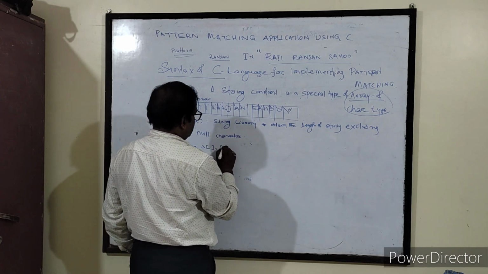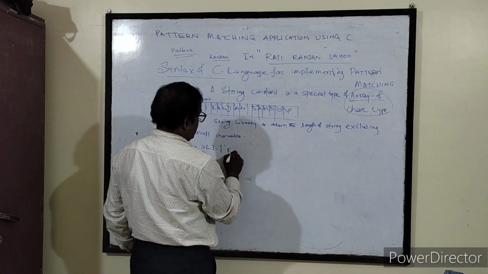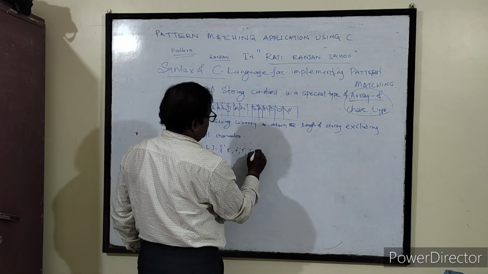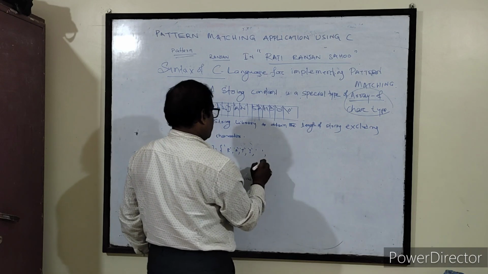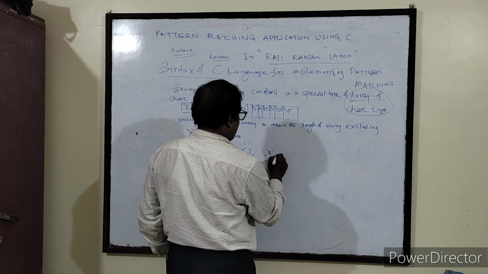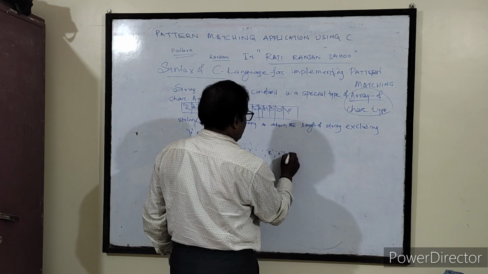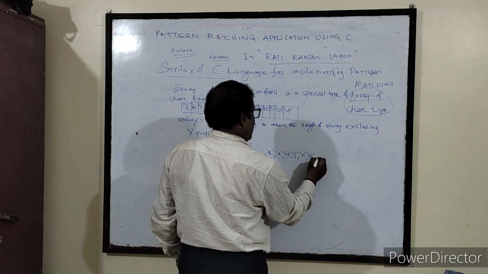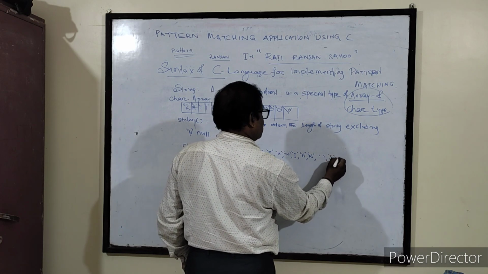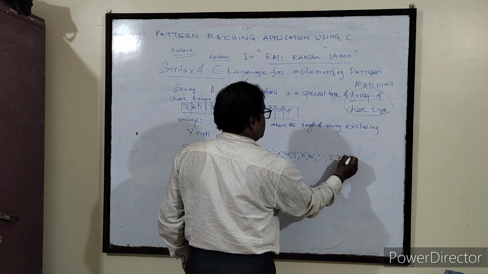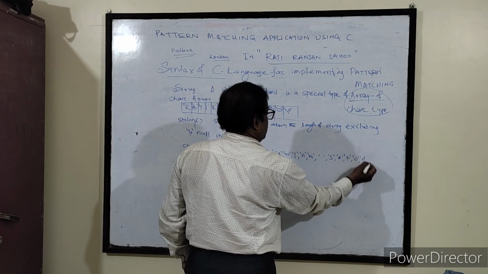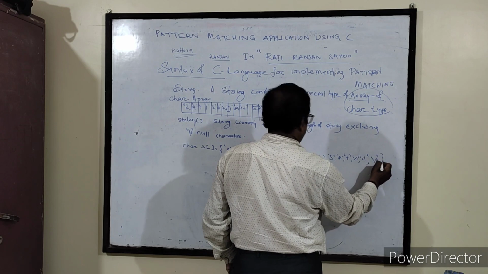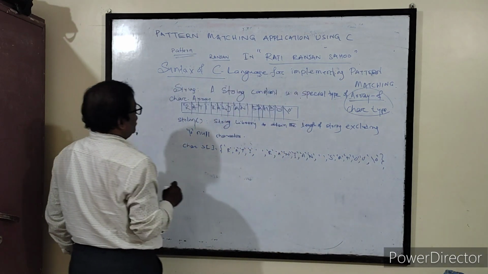You should write here R A T I space, okay, this is the way you have to write here. R A N J A N and space and S A H O O. So this is called the character array.